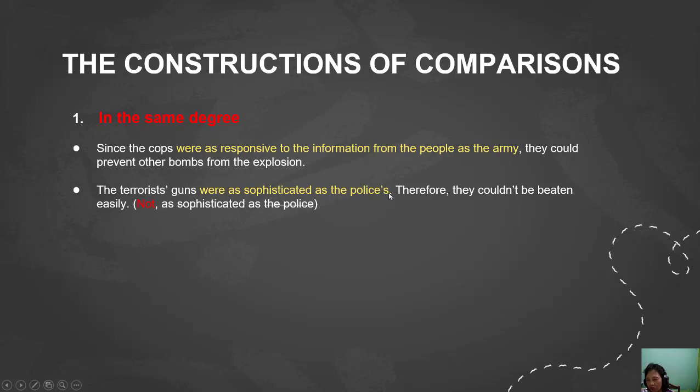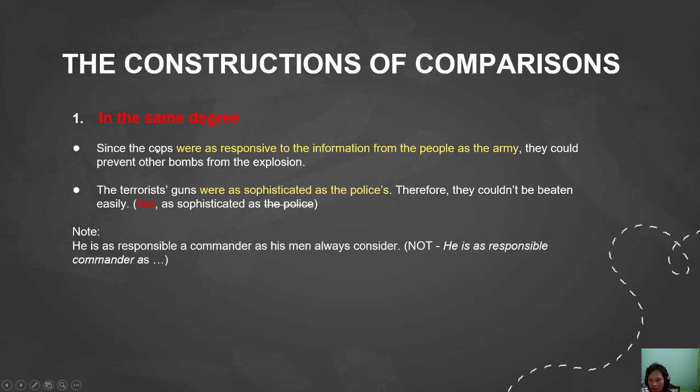We don't need to write the guns here anymore. We just write police and the possessive case like this. If you put as sophisticated as the police, it means that the terrorist guns are compared to the police. Of course, it will be very wrong. Okay, so in this one we want to compare persons, and in this one we want to compare things.